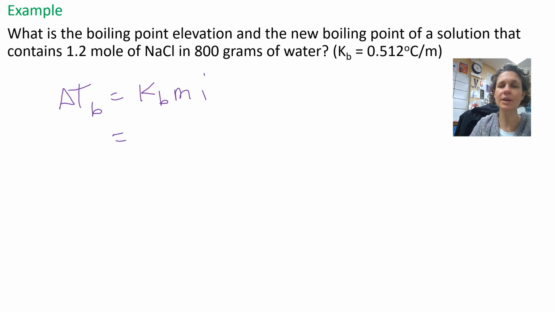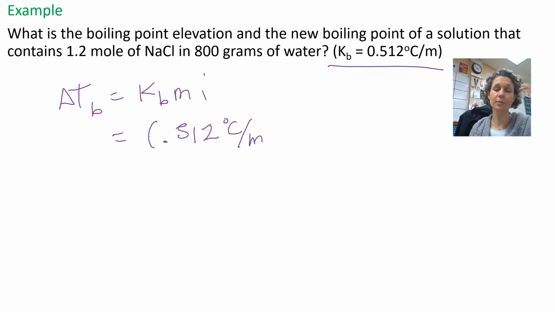All right, so KB, like I told you, it is just given. So KB is 0.512 degrees over molality. And then molality, where we just said it is moles over kilograms. So I'm going to plug it in like that.